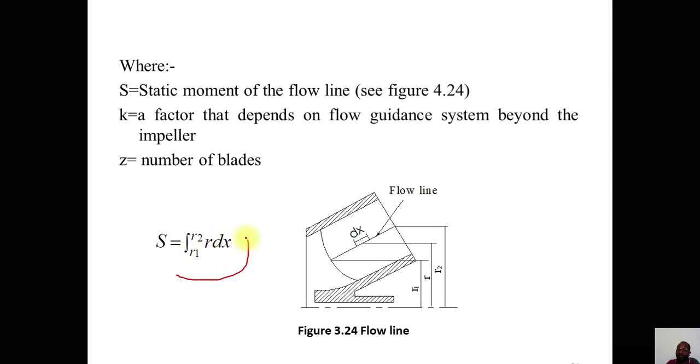Then S is simply the area under the flow lines. It's an integration. The secret behind integration is the area under the situations.